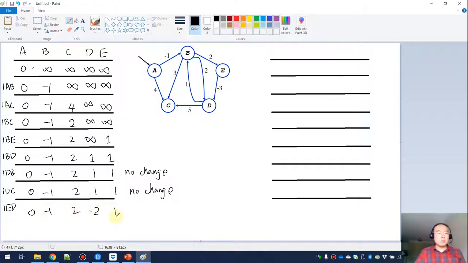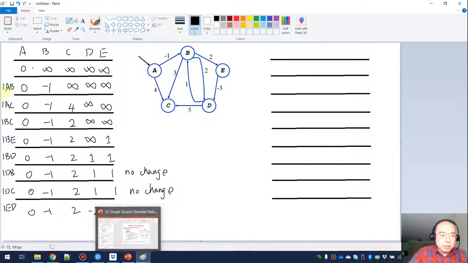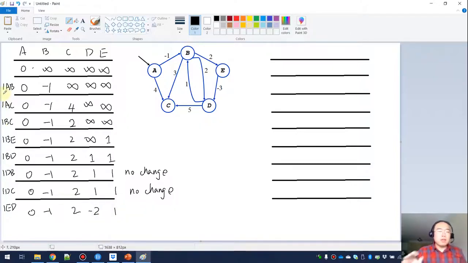Okay, so that's it. So remember, we haven't finished yet. If you see the iteration, what we have done is we only visited all the edges once. And remember how many rounds we have to do? We have to do a total of 4 rounds, right?